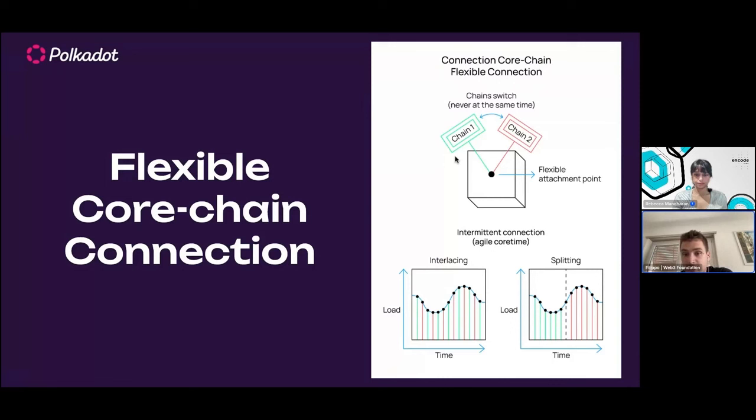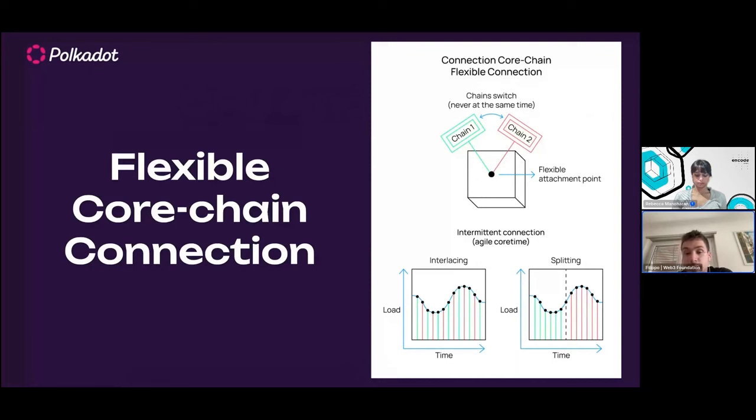The interlacing process is that in one specific 6 second slot, for example, which is the block time for the Polkadot relay chain, it's chain one, and the next one is chain two, and then chain one, and then chain two, and so on. We are interlacing this core time in order to use that specific computation on that core, that resource, as efficiently as possible.